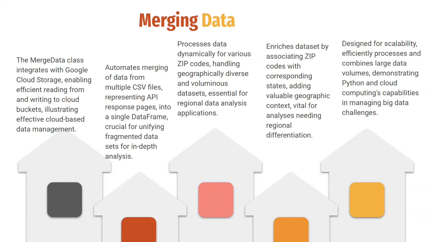For each zip code, we have multiple CSV files, so we merged each and every CSV file into a single file per zip code. Each piece of data, no matter how small, is crucial, and our scripts ensure that they fit together seamlessly. The result is a comprehensive dataset that serves as a single source of truth for all subsequent analysis.